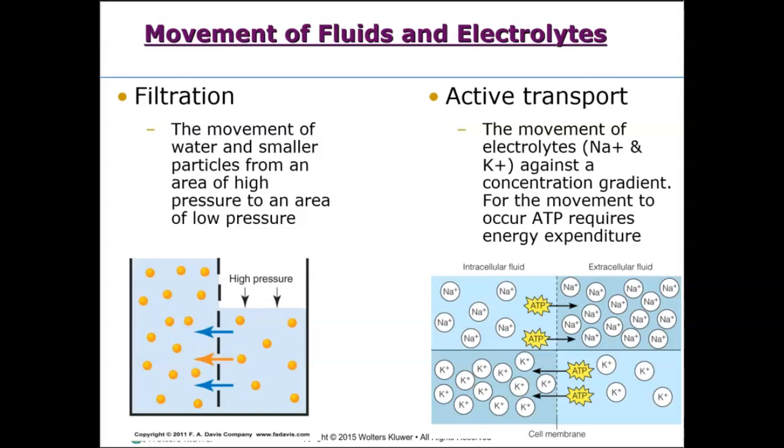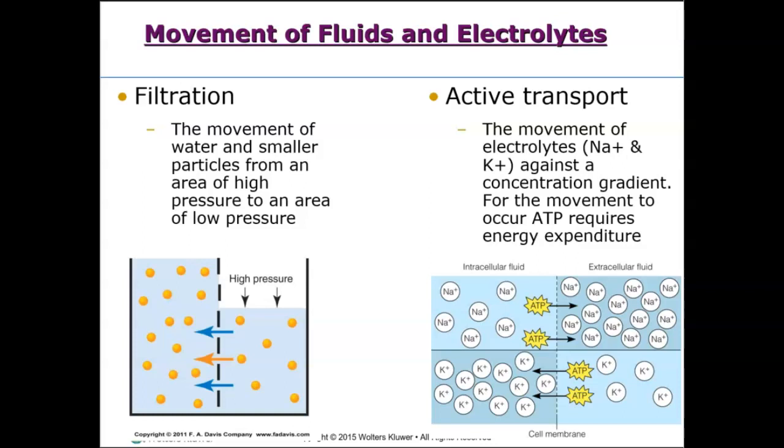This slide shows how these move from intracellular spaces to extracellular spaces. This process helps maintain the concentration levels of higher sodium in the ECF and higher concentration of potassium in the ICF.